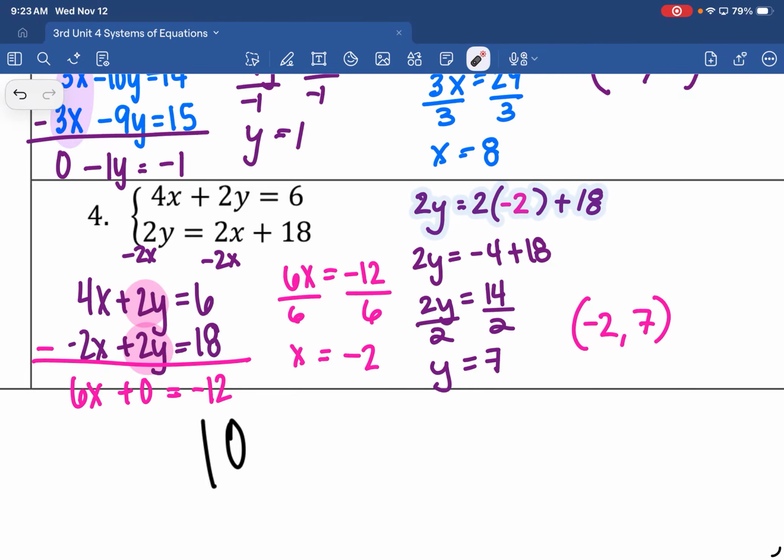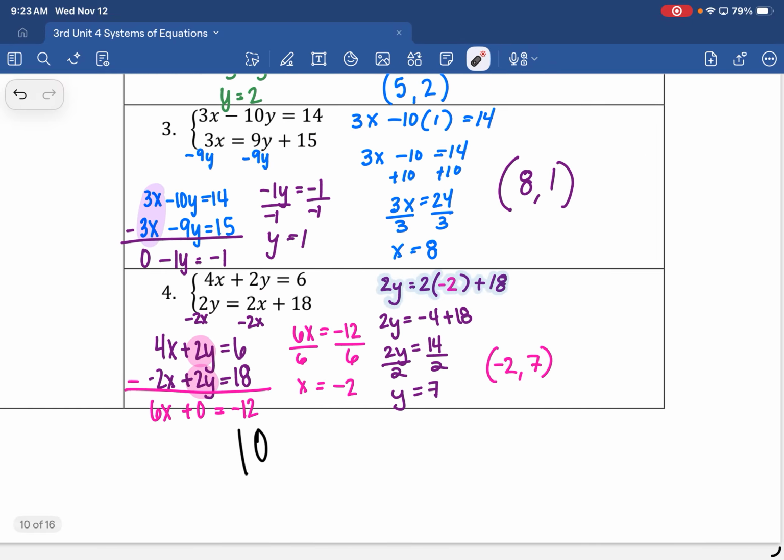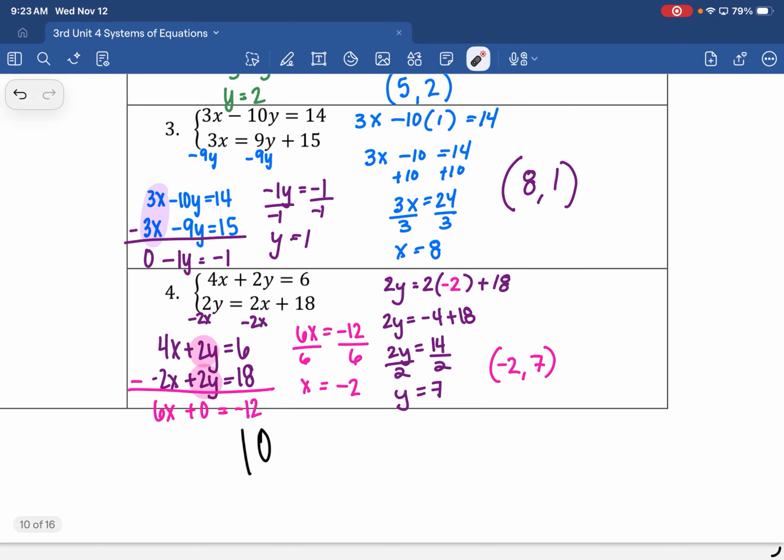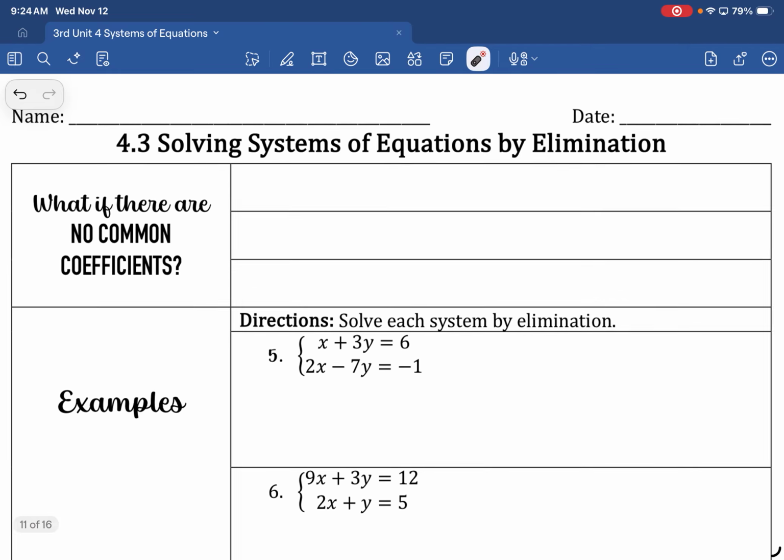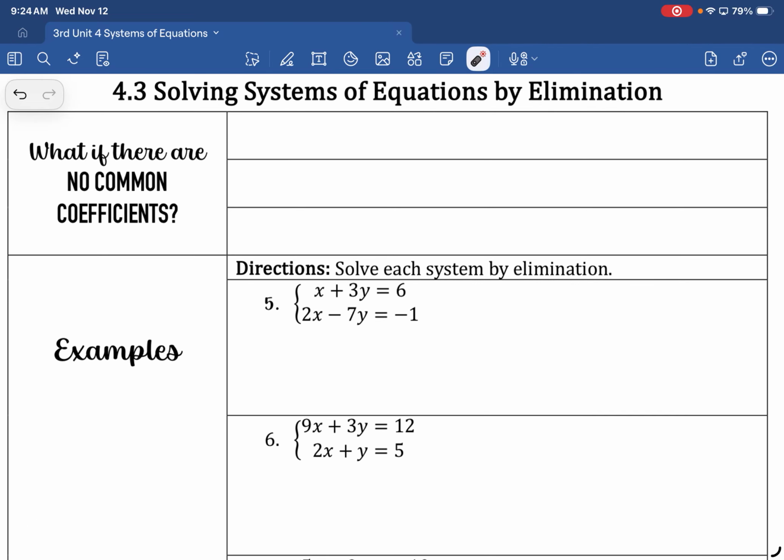All right. Now we're going to look at what to do if we do not have common coefficients. Okay? So on the back, it says, what if there are no common coefficients? And so if we have no common coefficients, we have to create common coefficients.